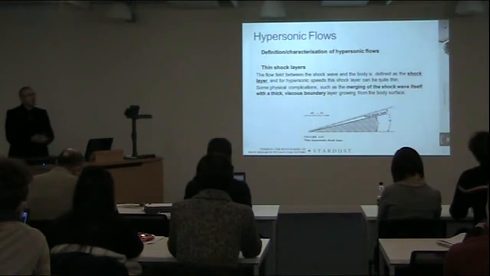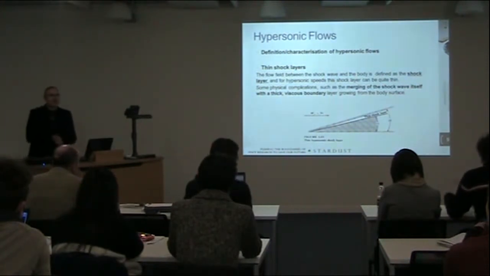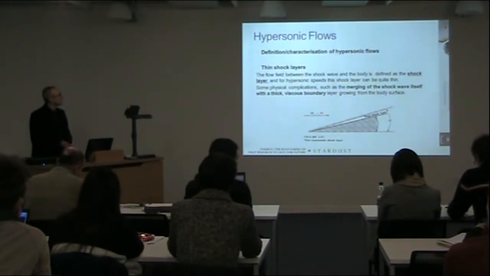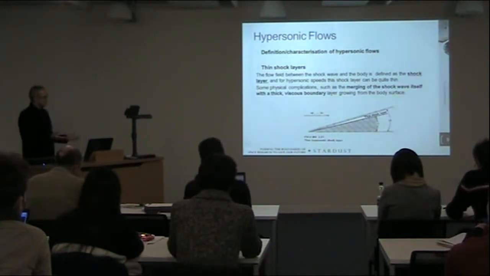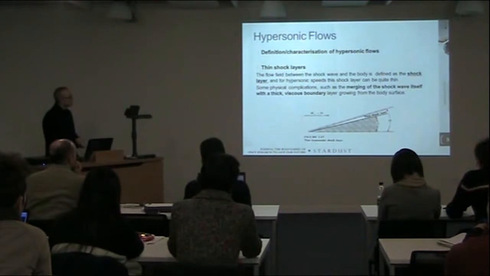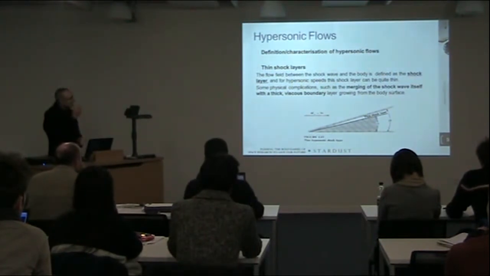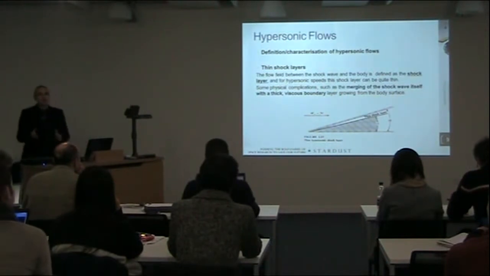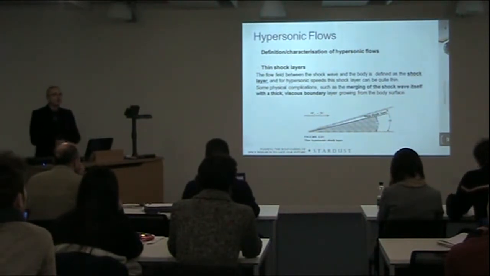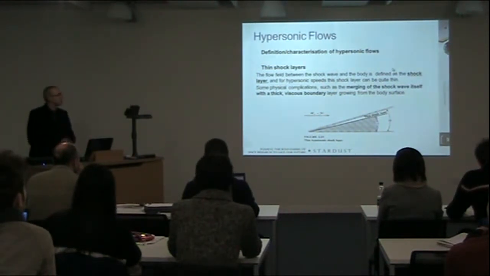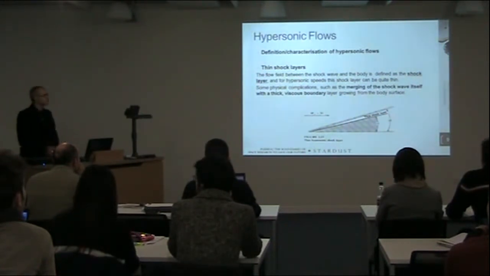So there are a few phenomena that you have to recognize to say that we are in the hypersonic regime. As you may know, when an object is flying in a supersonic regime, there is a shock wave.